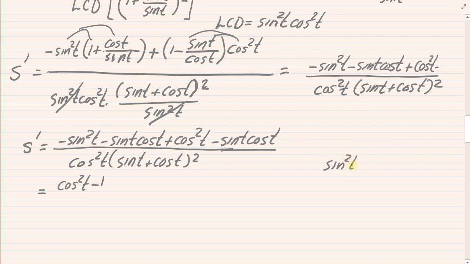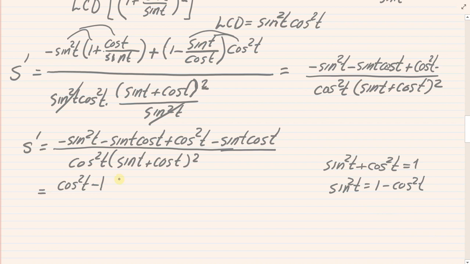Here's why. Sine squared t plus cosine squared t is 1. Therefore sine squared t is 1 minus cosine squared t. Therefore the negative of sine squared t, you just change the sign on those two, so it's going to be cosine squared t minus 1. That's the consequence of the Pythagorean identity.